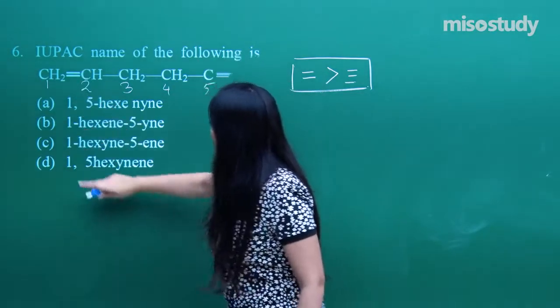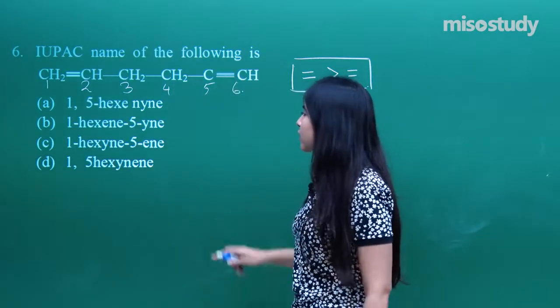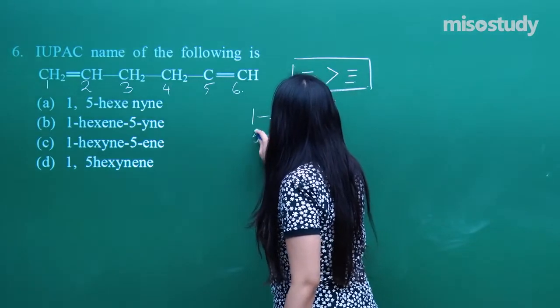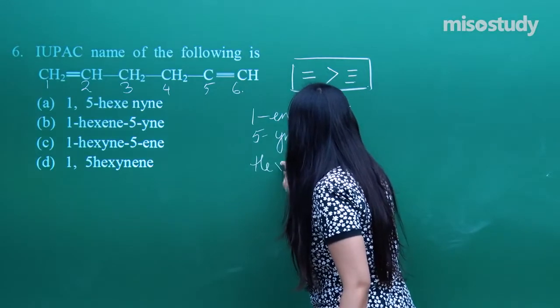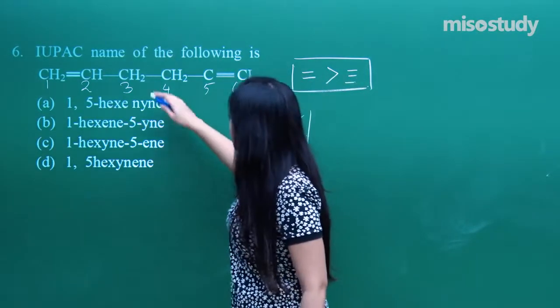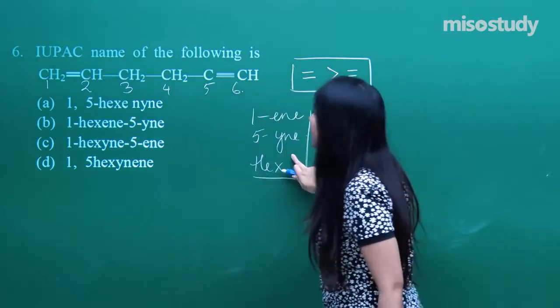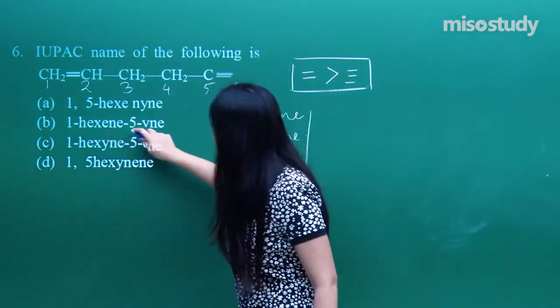So where do you have ene and where do you have yne? I need to have 1-ene and 5-yne, along with hex. So I need these 3 keywords. So can you check? It's 1-hexene. Yes. And 5-yne. Okay, now definitely we have got the answer over here, 1-hexene-5-yne.